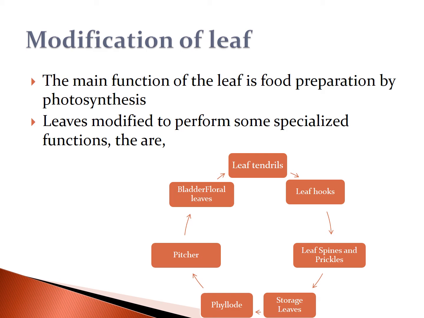First of all, the leaf tendrils. In some plants the stem is very weak and hence they have some special organs for attachment to support. So some leaves are partially or wholly modified into tendrils. Tendril is a cylindrical wirelike coiled structure which helps climbers in support. So the main function of leaf tendrils is support. Then leaf hooks.